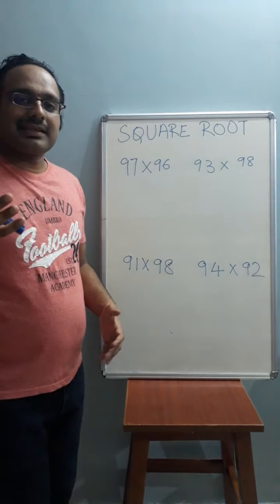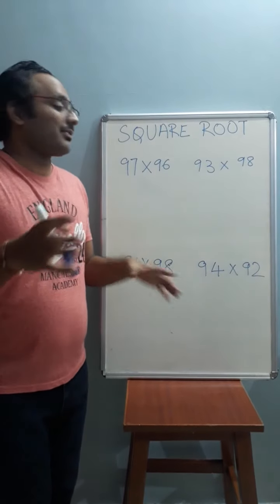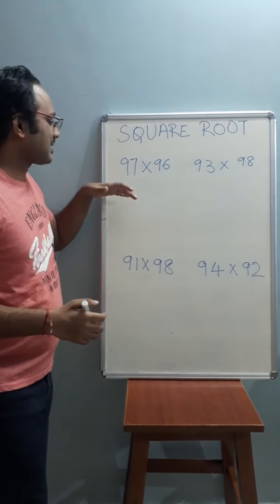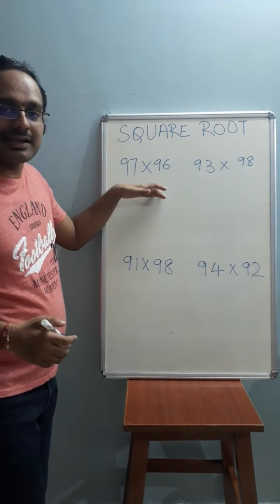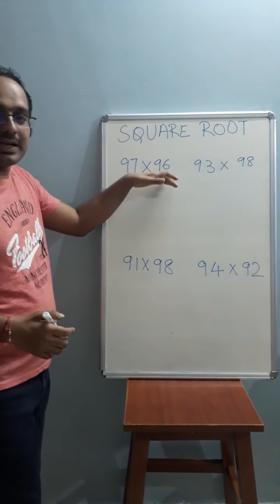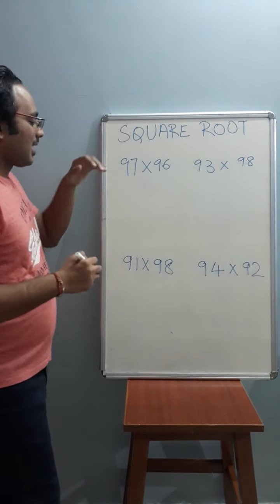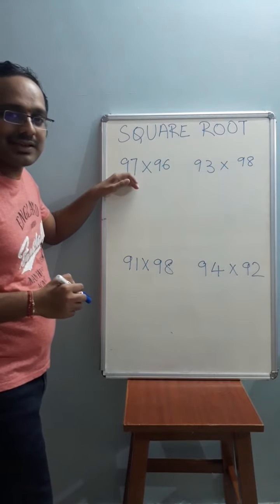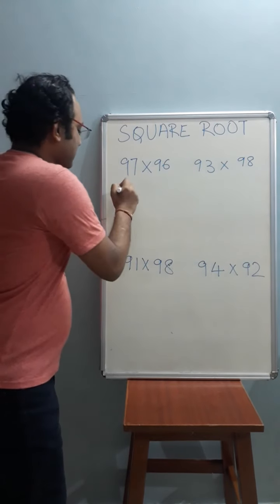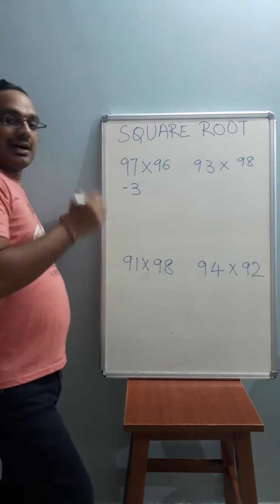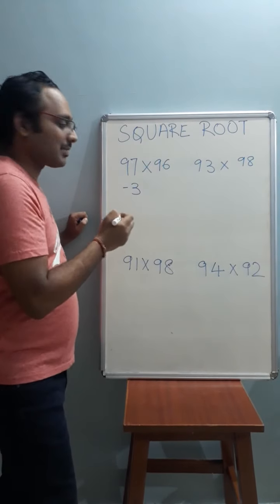In the examples till now, both the numbers were greater than 100. Here I am considering examples where both the numbers are lesser than 100. For example, 97 into 96. Just check how behind is 97 from 100. It is minus 3 because 100 minus 3 is 97. How behind is 96 from 100?